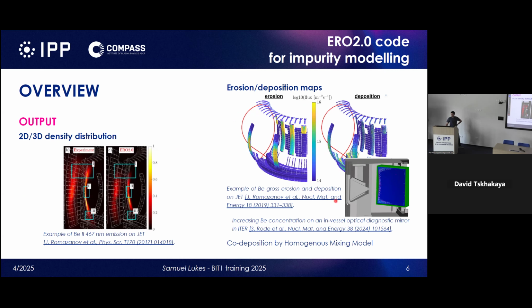Or you can also simulate some recessed areas. Here it is not really visible, but you can imagine that the whole tokamak vessel would be around here, let's say. And here is just some small window for a diagnostic mirror where you can simulate over time how much of the impurities will be deposited on the mirror and how it will be damaged by that.